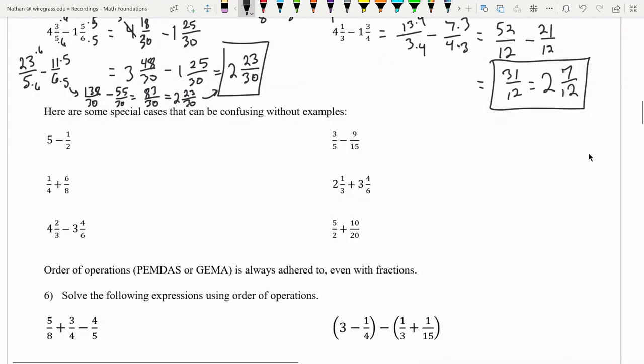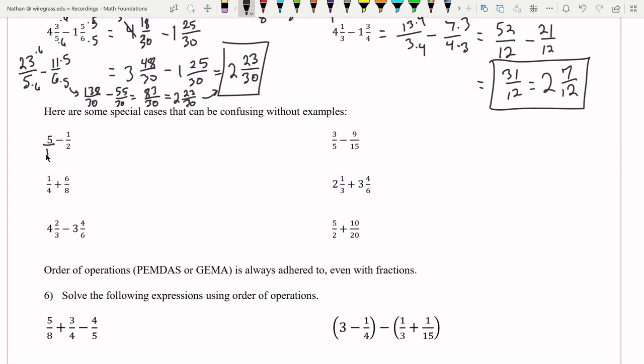Okay, there are some special cases that can be confusing without just seeing them. That's whenever you have a whole number. What you want to do is change the whole number to a fraction. 5 is the same thing as 5 divided by 1. You can always divide a whole number by 1 to get a fraction. 5 divided by 1 is just 5.